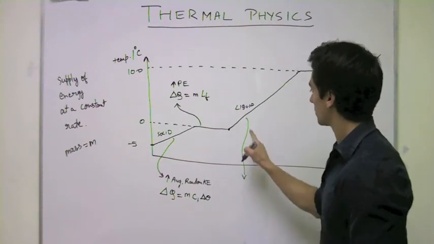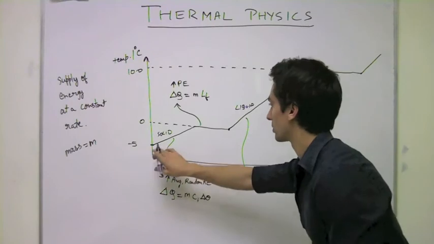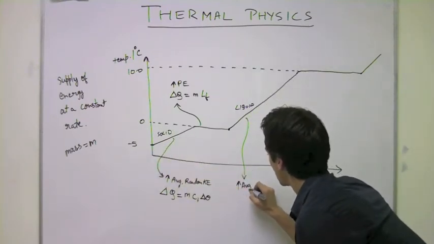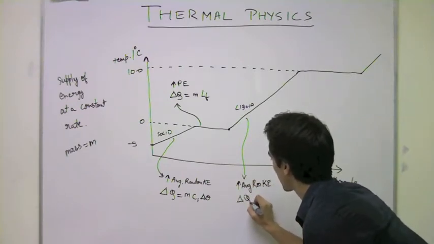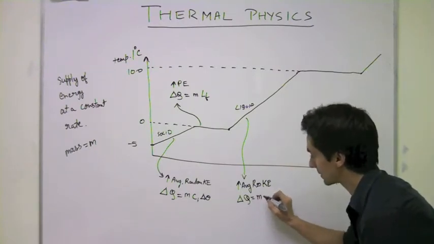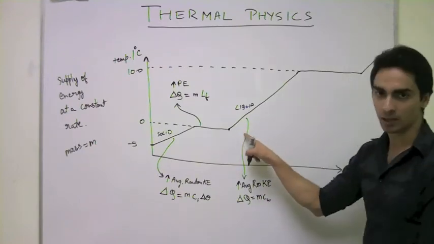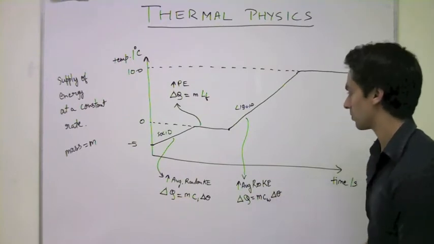In this portion here, what's happening is something similar to that portion there. The average random KE goes on increasing, and the heat supplied can now be calculated using the mass multiplied by the specific heat capacity of water, because now we are in a liquid state, multiplied with the change in temperature.